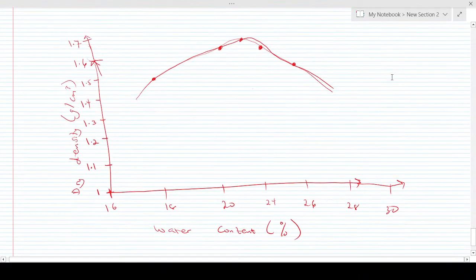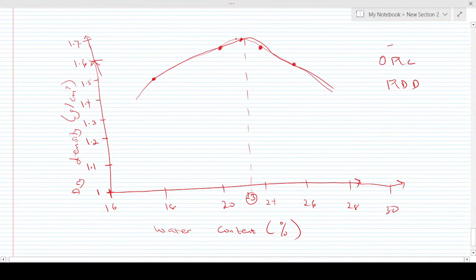Now you're not done. You can be asked to find, and even if you are not asked, you're supposed to find, because they are the most necessary parameters: your OMC, which is the optimum moisture content, and your MDD, which is your maximum dry density. Your optimum moisture content is found on the water content axis at the peak. If this is the peak, you just trace a line down, then read the value. So this is about, let's say, 23%.